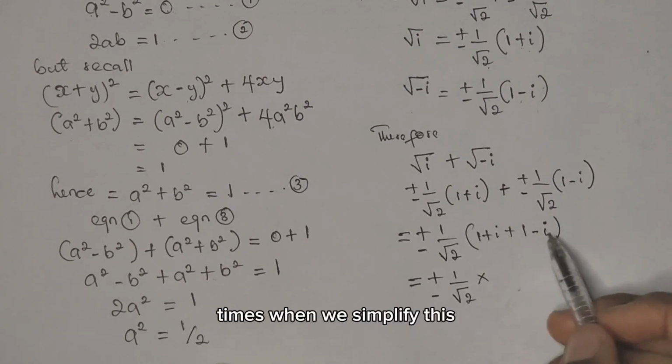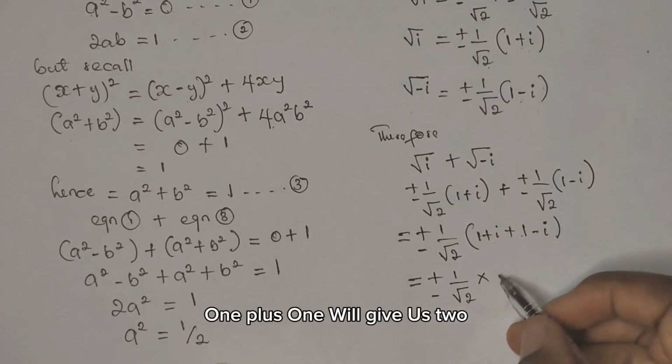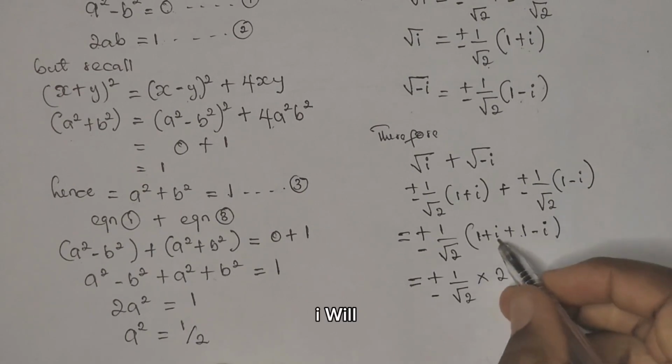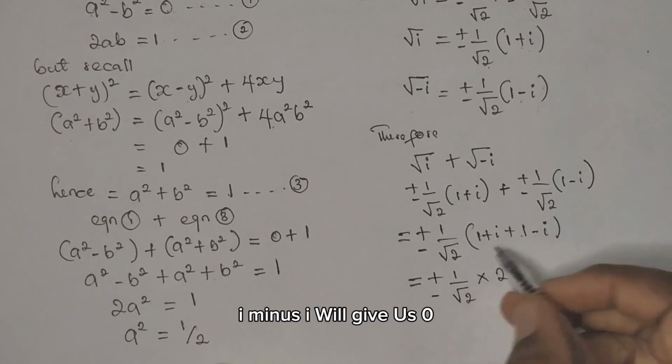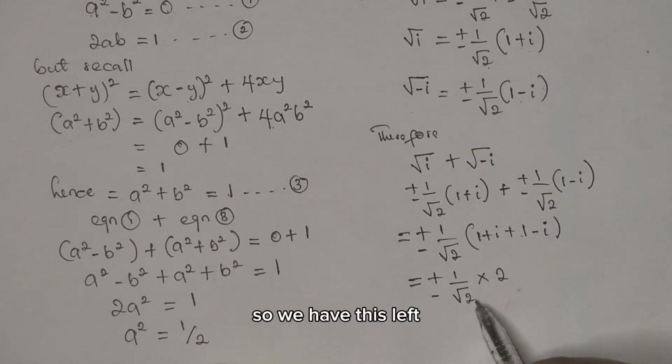When we simplify this, 1 plus 1 gives us 2, and i minus i gives us 0. So we have this left.